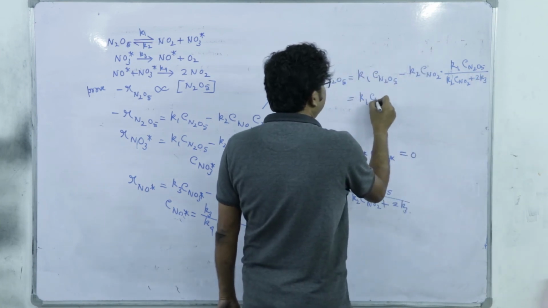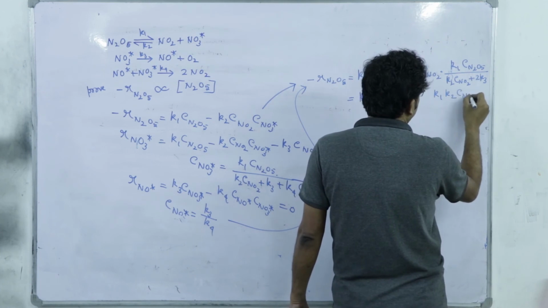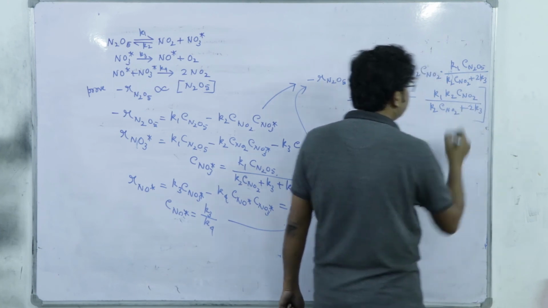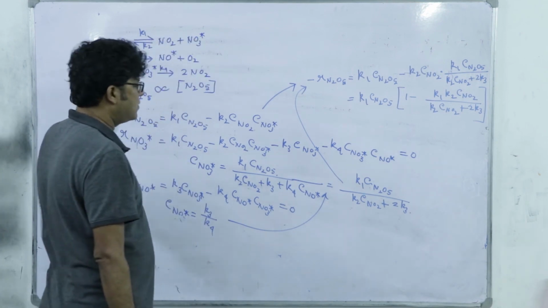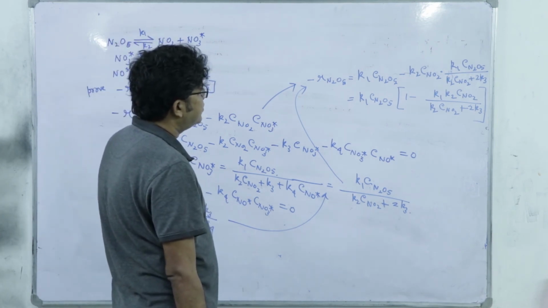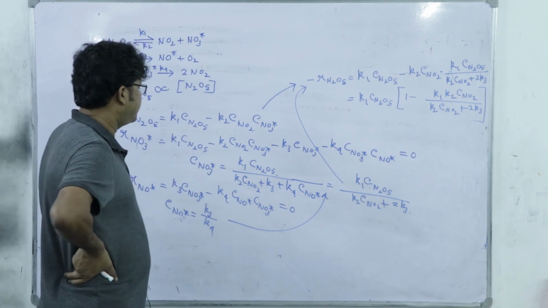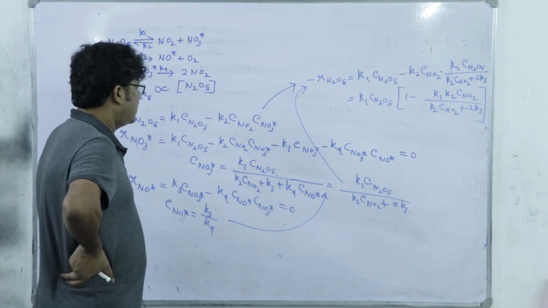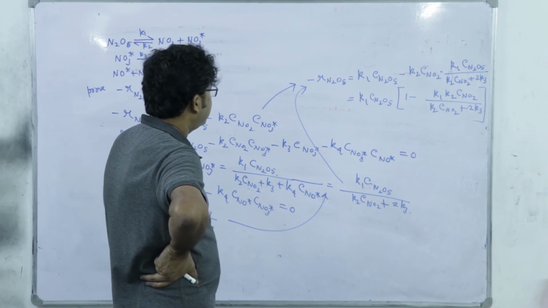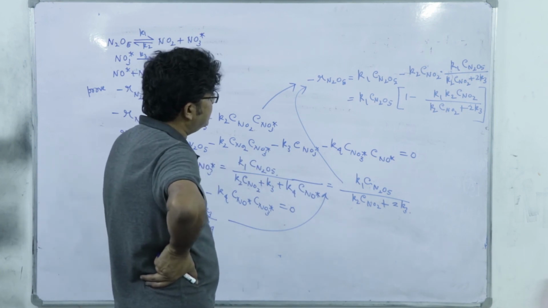So, this is K1 CN2O5 into 1 minus K2 CNO2 by K2 CNO2 plus 2K3.